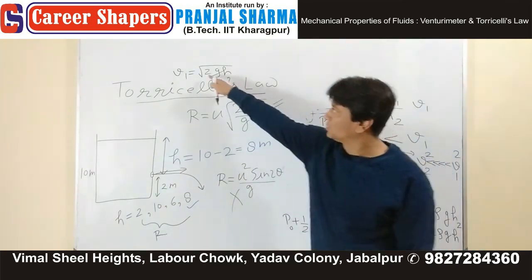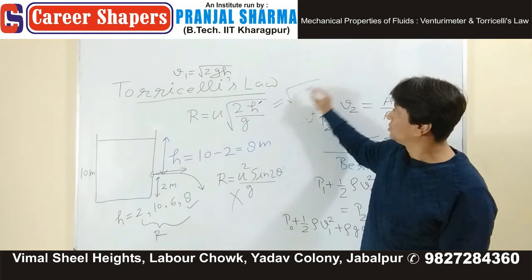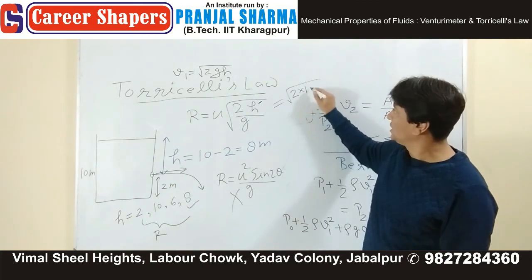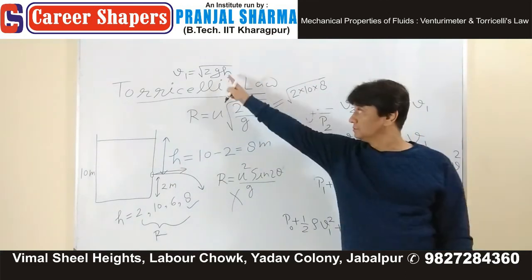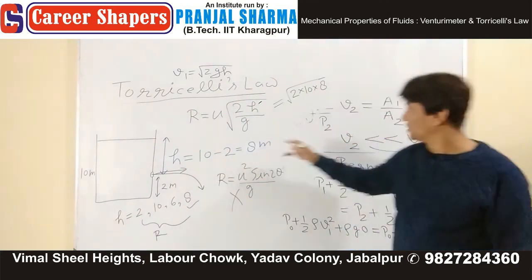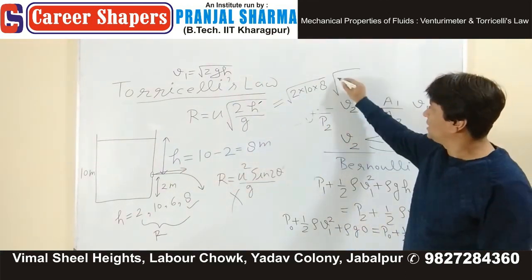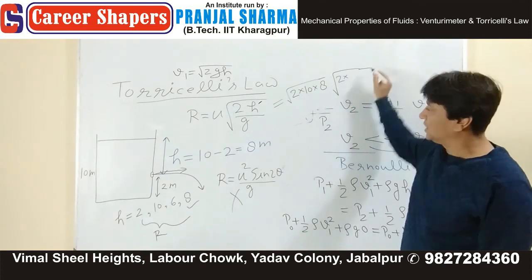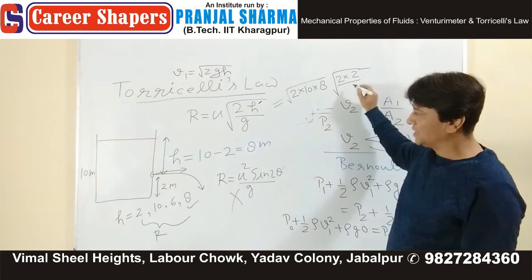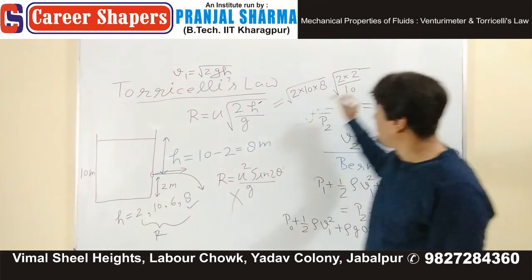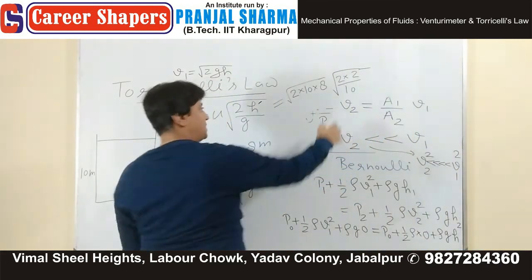u is root 2gh, which is root of 2 into 10 into 8, multiplied by root of 2 into h dash, which is 2, divided by g, 10. You can see that 10 and 10 cancel.